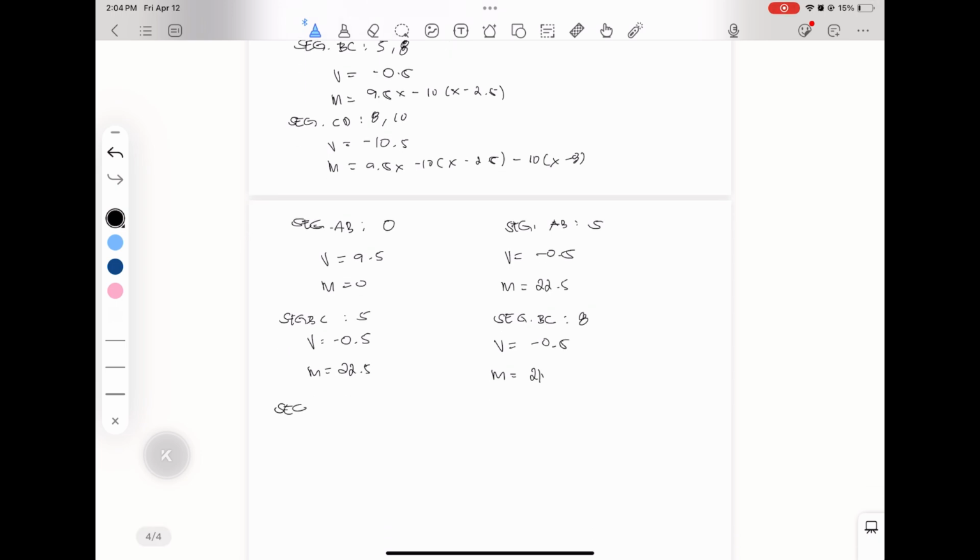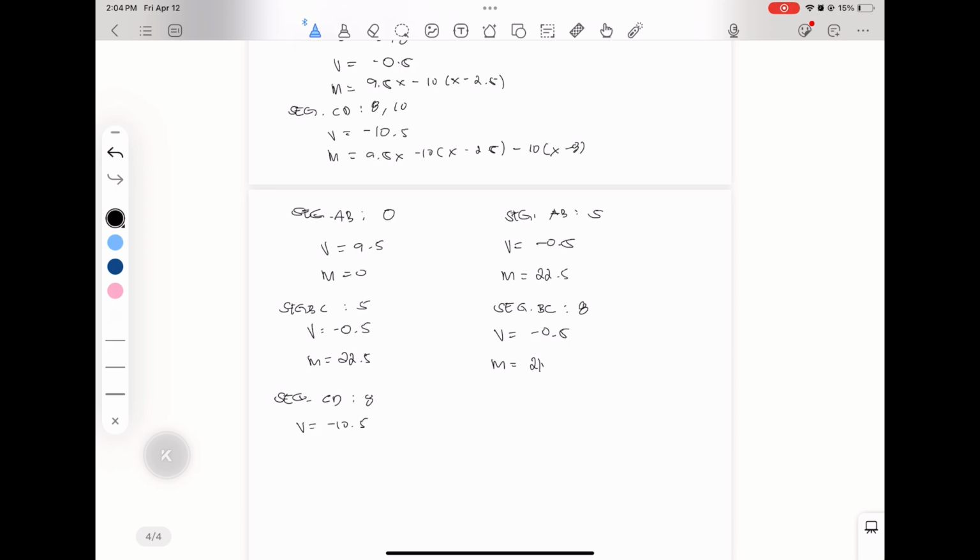And then for segment CD, when it's 8, shear is equal to negative 10.5, moment is equal to the same, because the 8 will just cancel out here, as you can see. The 8 is going to cancel out here, so it's the same, it's also 21.